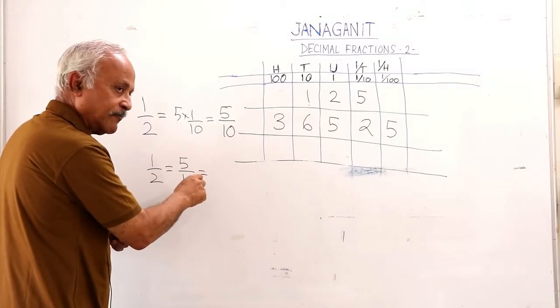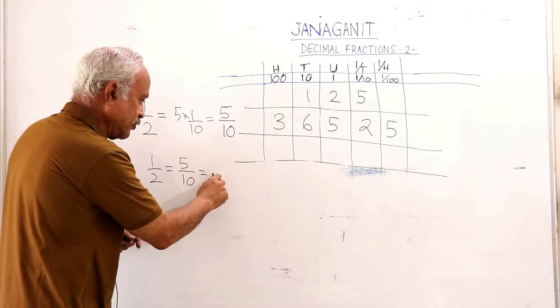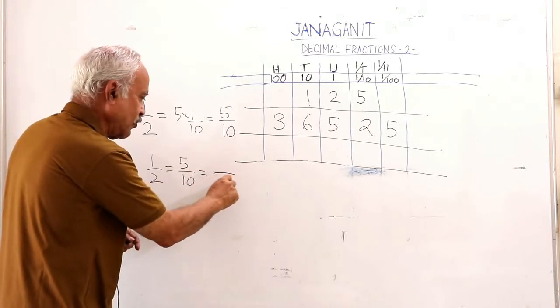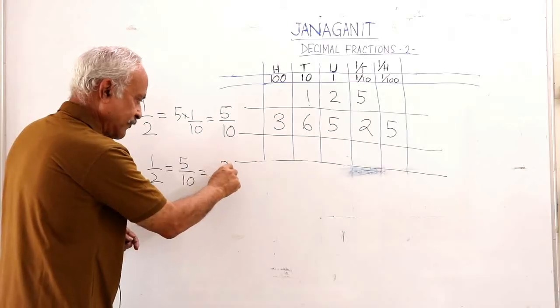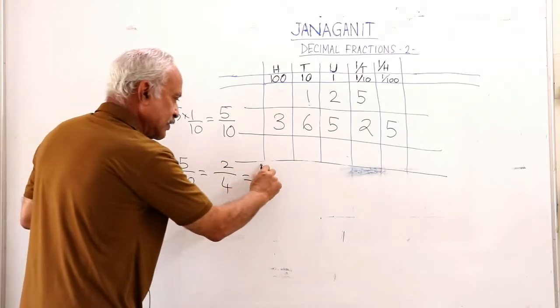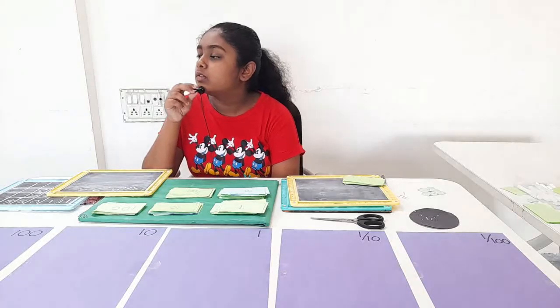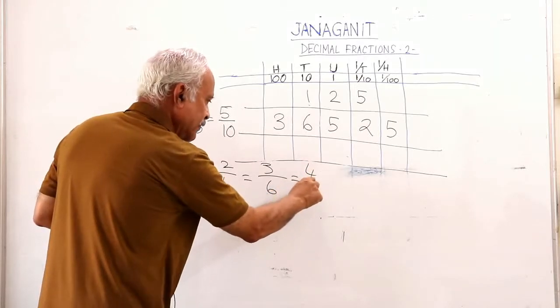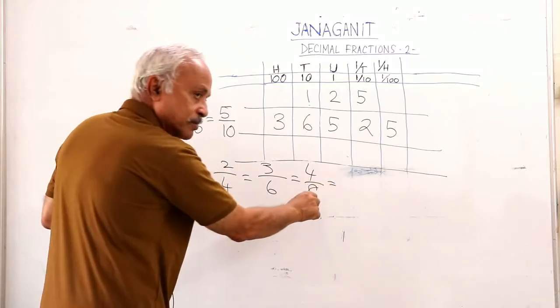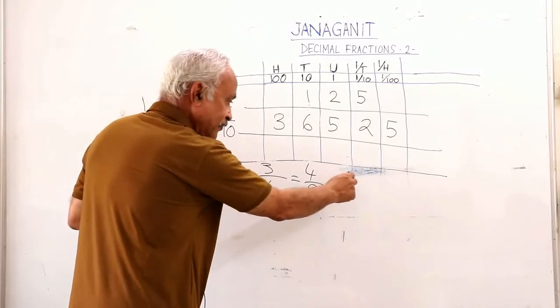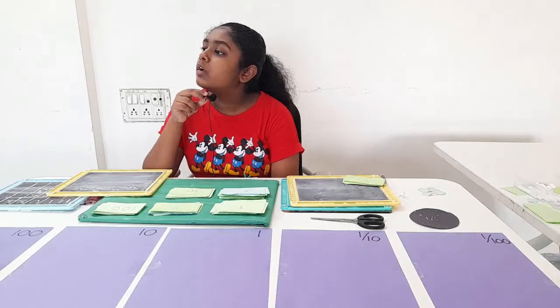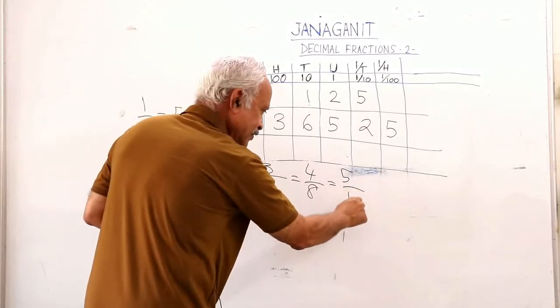Remember, we were writing equivalent fractions. So here if I put 1 by 2 and here I put 4, what do I get here? 2. 2 by 4. That's equal to 3 by 6, which is equal to 4 by 8, which is equal to 6 by 12, 5 by 10.